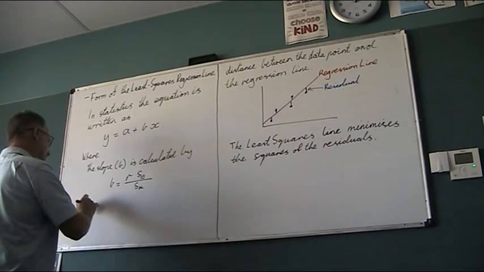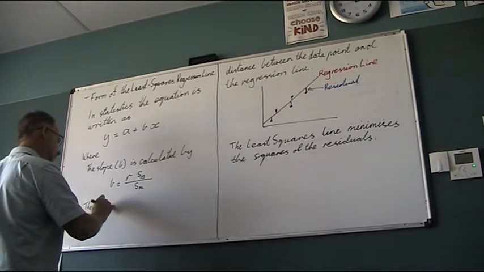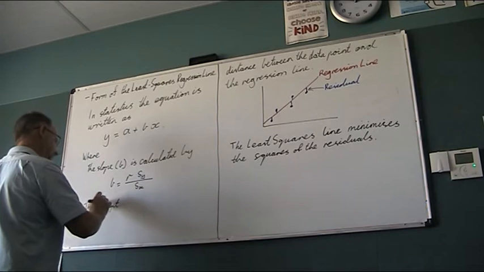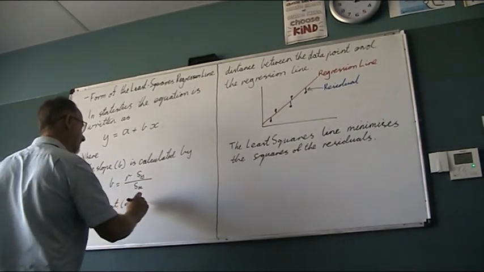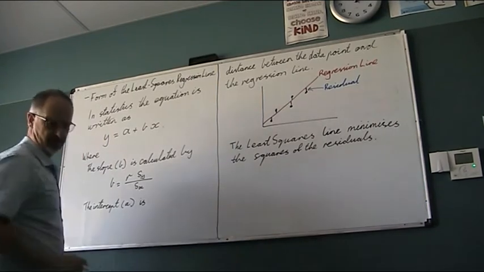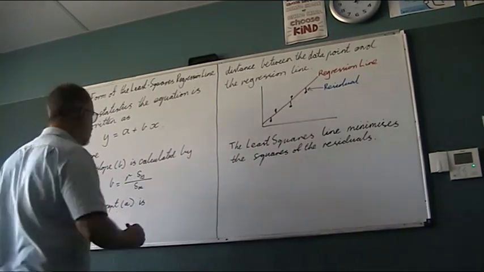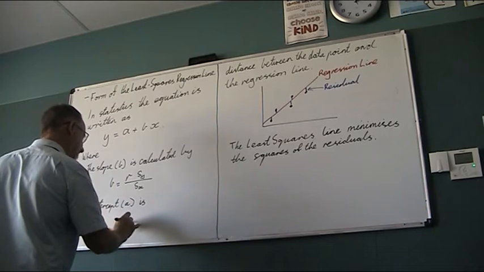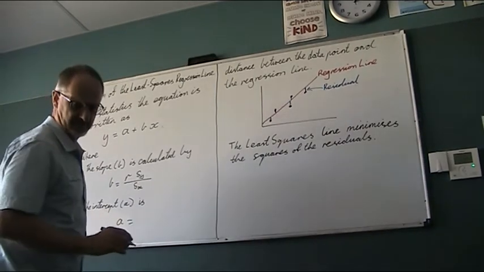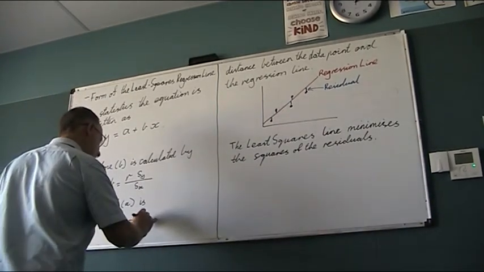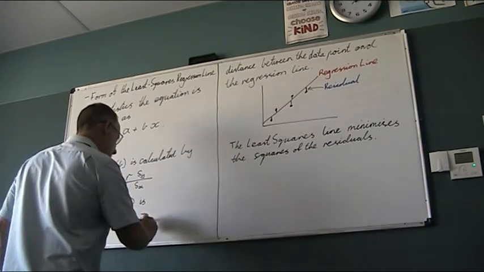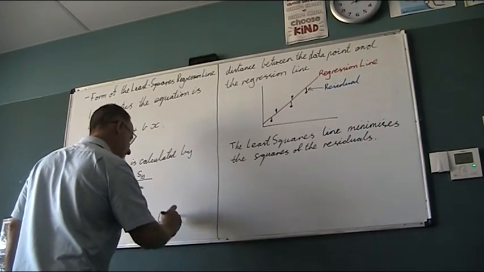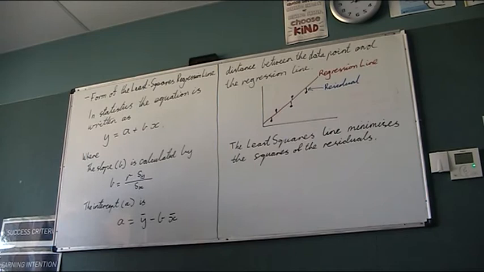And the intercept, which is a, is calculated by a equals the mean of the y values minus b times the mean of the x values.